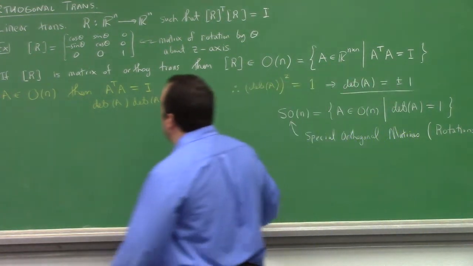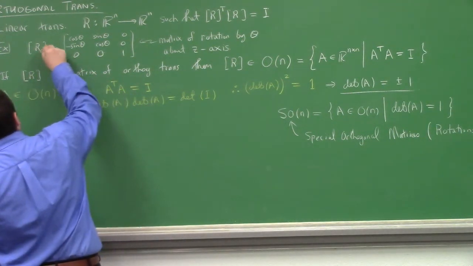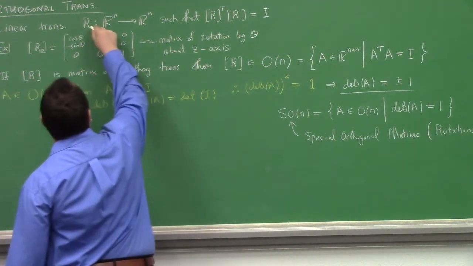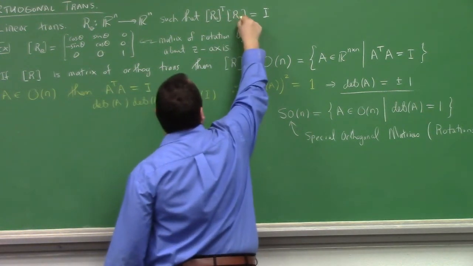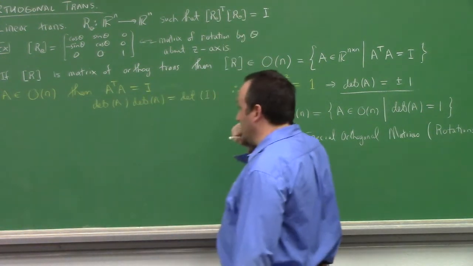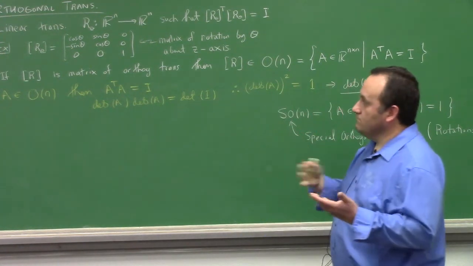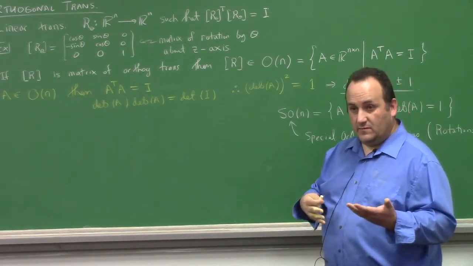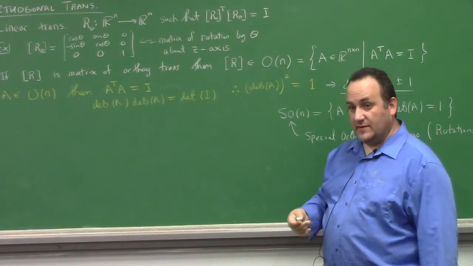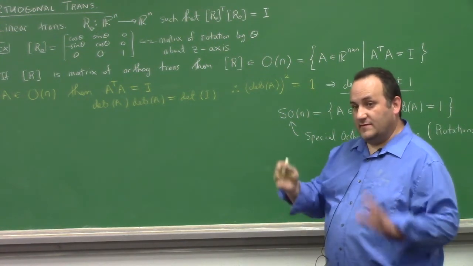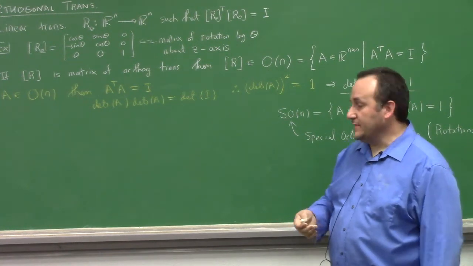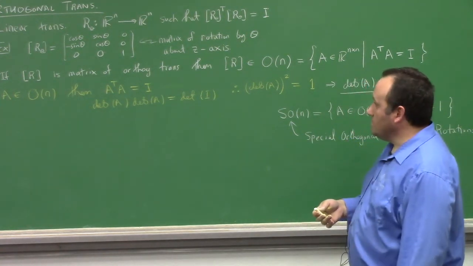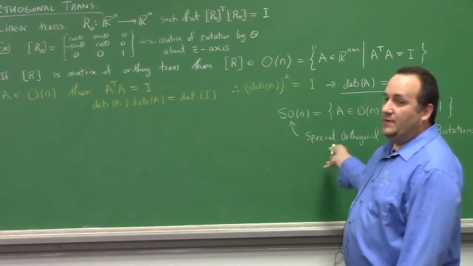If I was to call this R sub theta, just to give it a name so I can reference it better, then if I look at R sub 0, that is the identity transformation, because the matrix of that transformation is the identity matrix. Now, I'm claiming these are rotations.